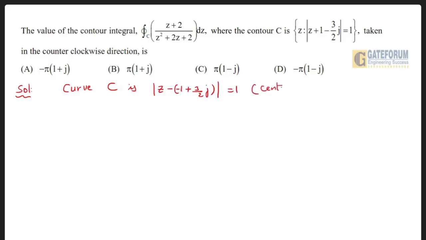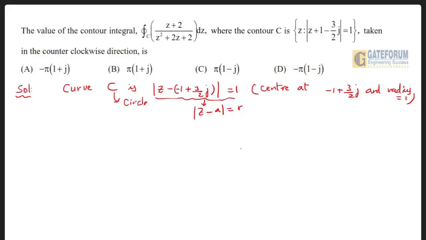Center at minus 1 plus 3 by 2 j and the radius is equal to 1. So this is a circle, first of all. Comparing with the circle equation in complex form, mod z minus a is equal to r.